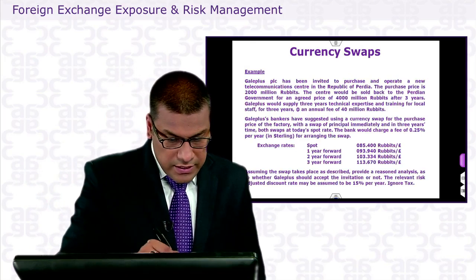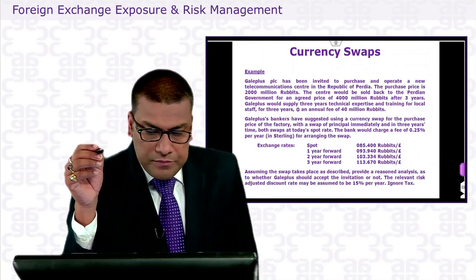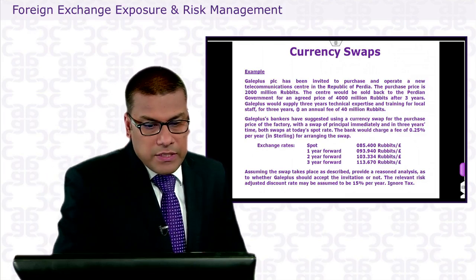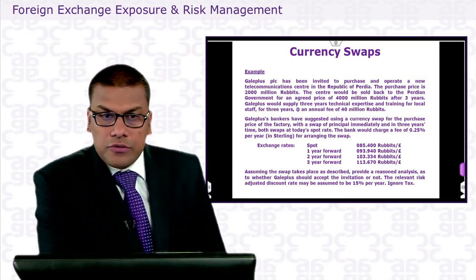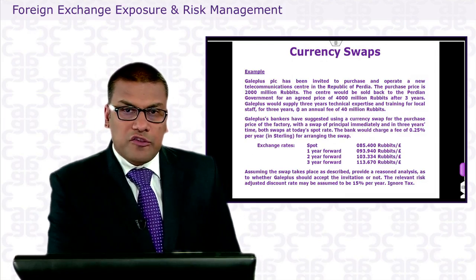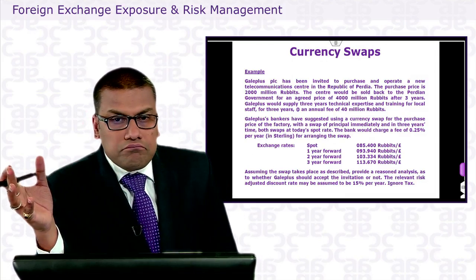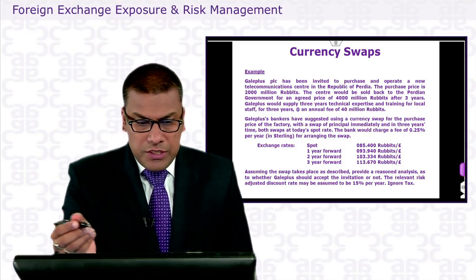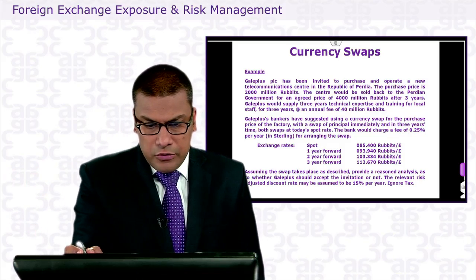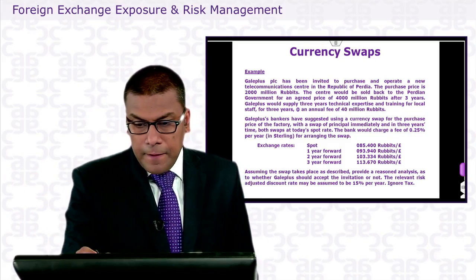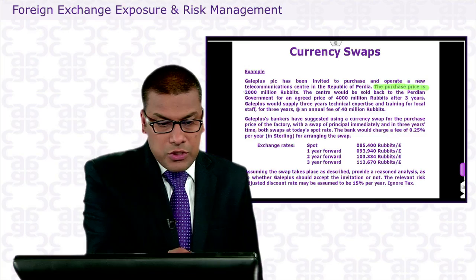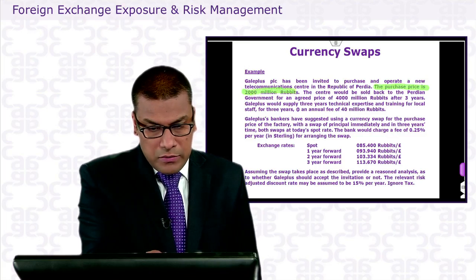In this example, there is a firm Galplus. It has been invited to purchase and operate a new telecommunications center in the Republic of Perdia. The purchase price is 2,000 million rupees.